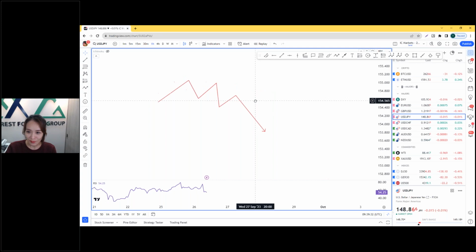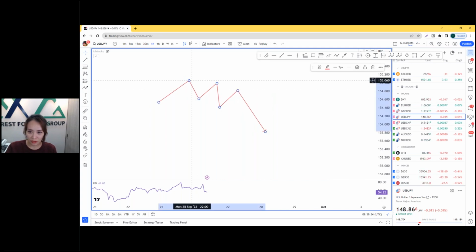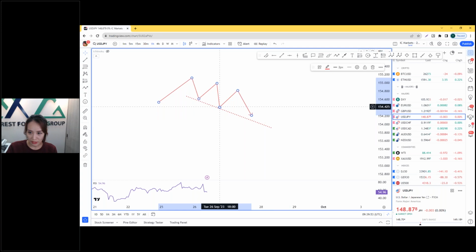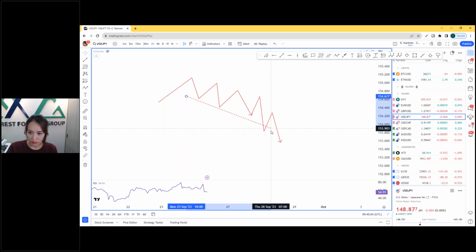Okay, what I mean is that price makes a lower low, lower high, and then you draw a trend line, something like that. Let's say price comes to here, and then they come up here, make a low down here, and then they may go here, and then you might have to adjust.